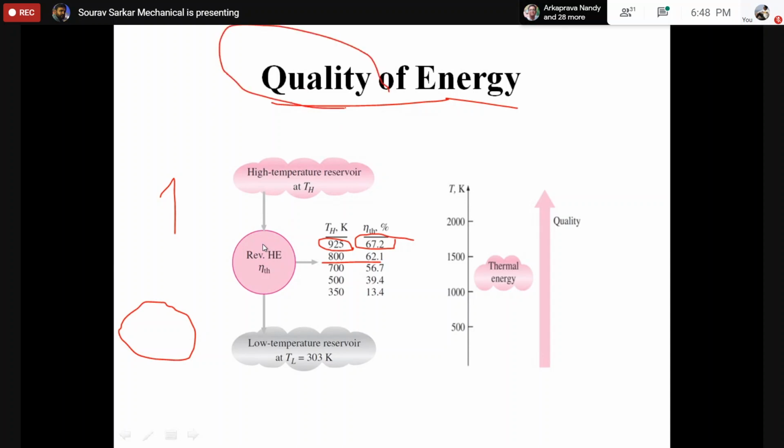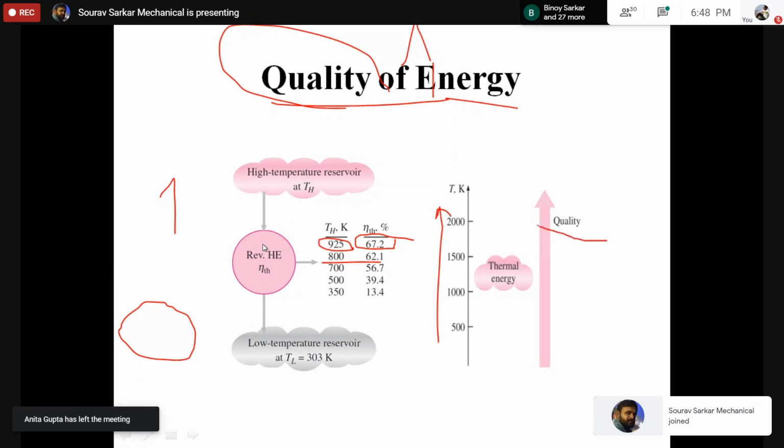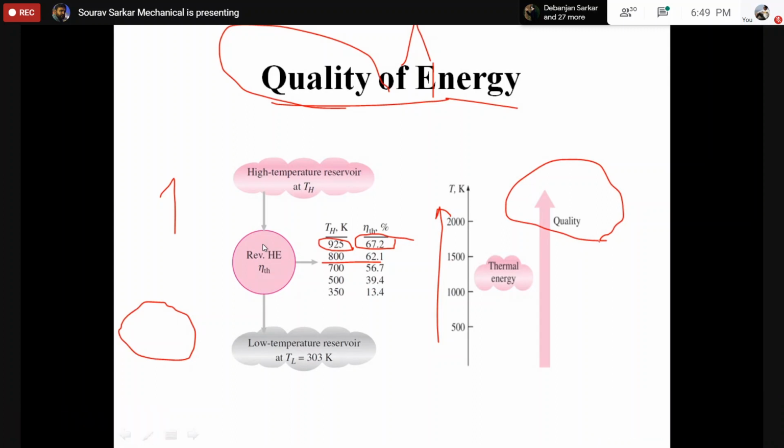If you have heat at very high temperature, it will always ensure a high efficiency. So as you increase the source temperature, the efficiency increases, which means the quality of the energy increases. So that was the discussion that we had in the last class.